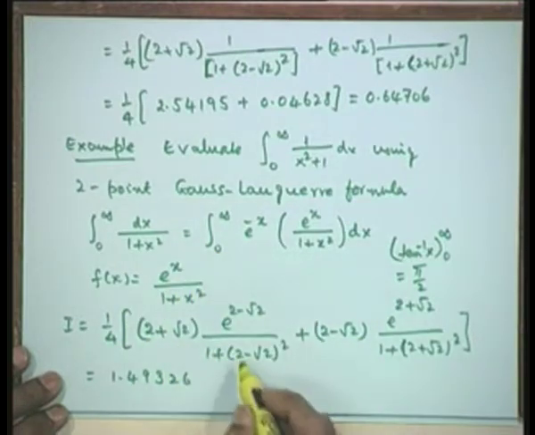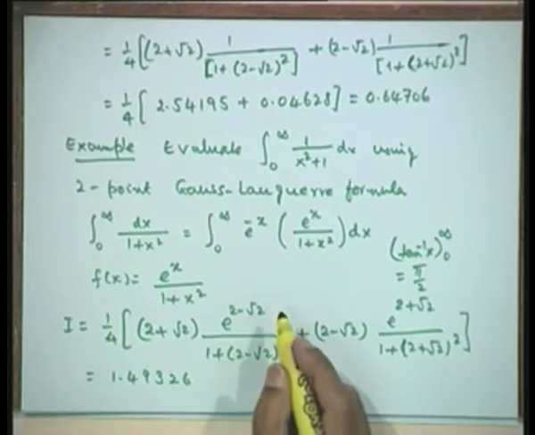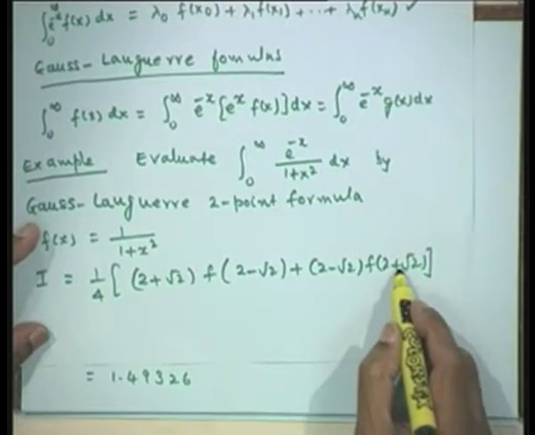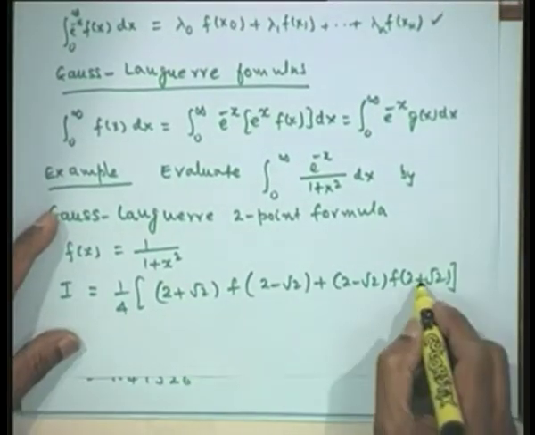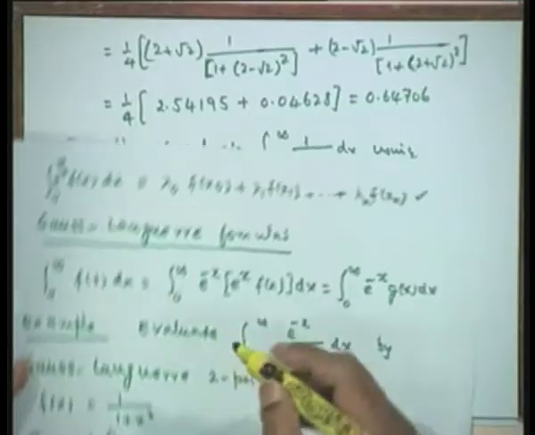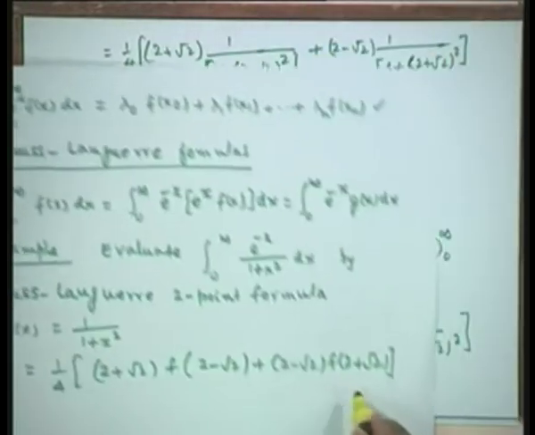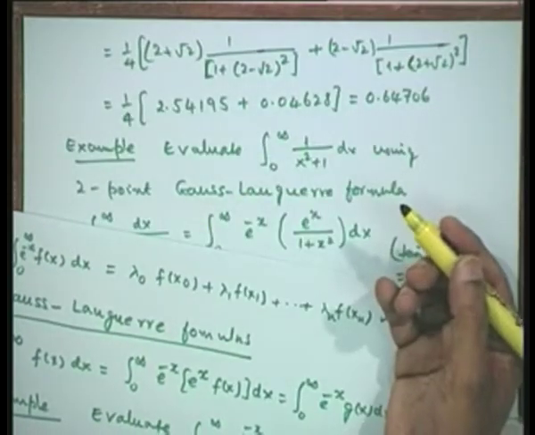Notice that the abscissas 2 plus root 2 and 2 minus root 2 are not covering the domain 0 to infinity sufficiently. Here it is like approximating infinity as 2 plus root 2. To obtain more accurate results, we should choose formulas with more abscissas. Then the abscissas cover a larger domain. The largest value of the abscissa can be sufficiently big for a higher order formula.